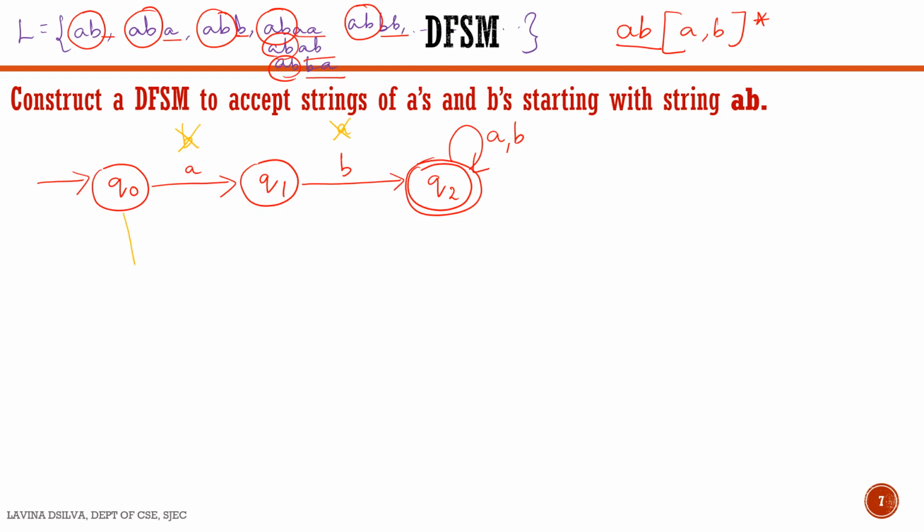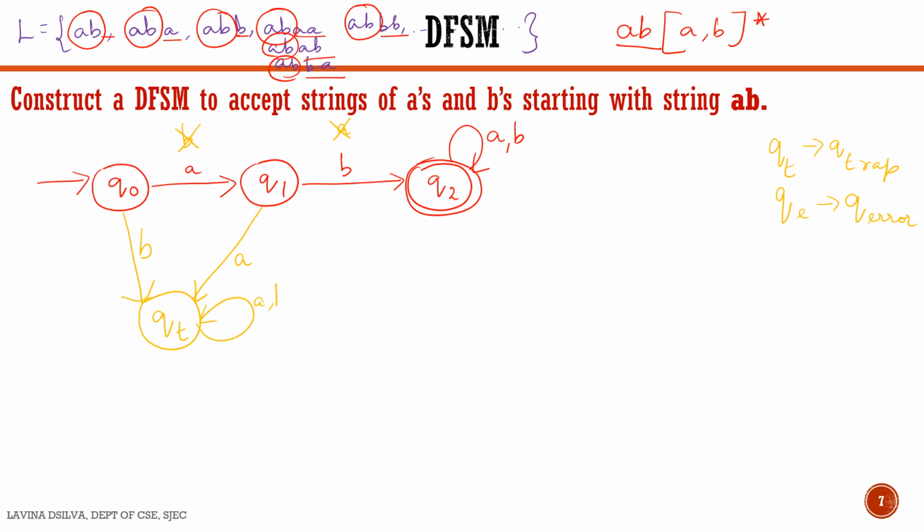In case the strings start with B, then we push them to a trap state or an error state, QT, which is called Q trap, or QE, which is called an error state. And in case on Q1 we see an input A, then we put it into a trap state.